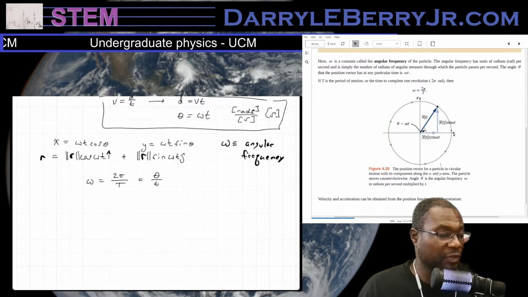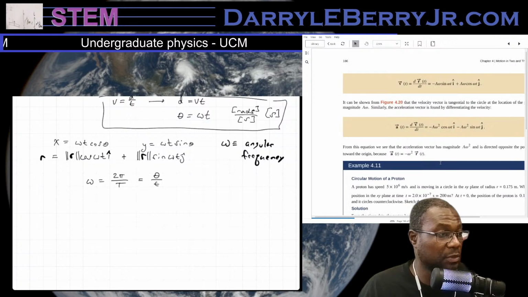Velocity and acceleration can be attained from the position function by differentiation. All right.